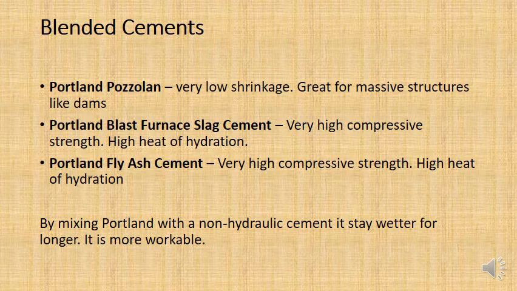But another way you can make this Portland pozzolan blend is by getting something other than pozzolan, which has this very high alumina silica content. You could mix it with furnace slag. So what's furnace slag? Well, this is where you make steel.